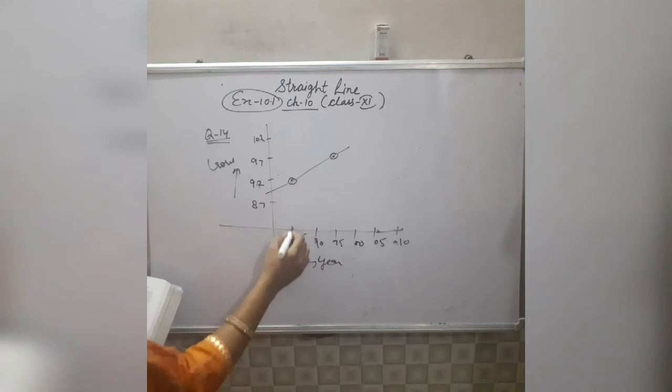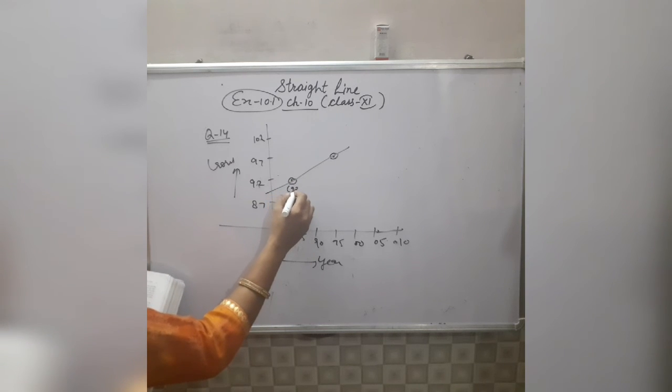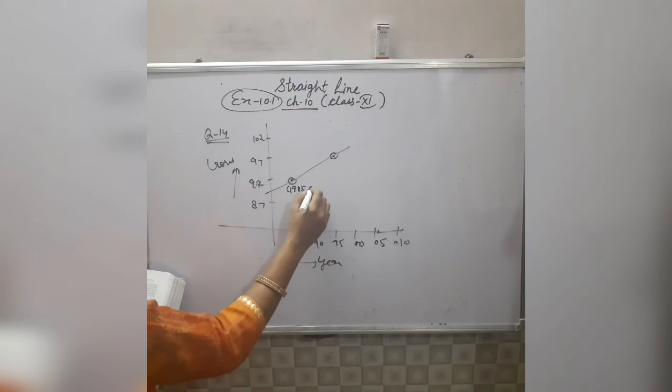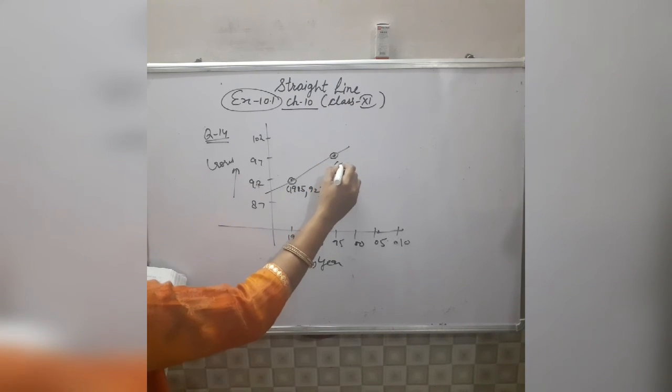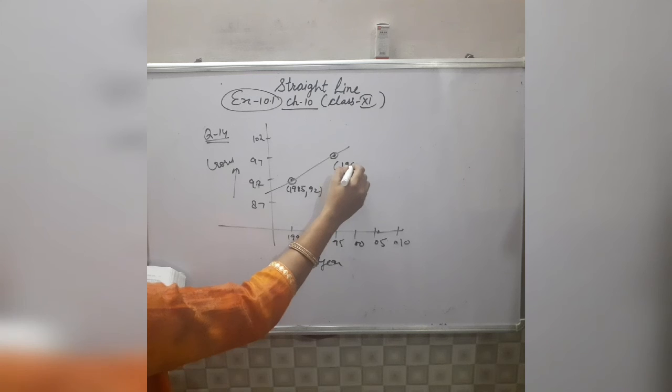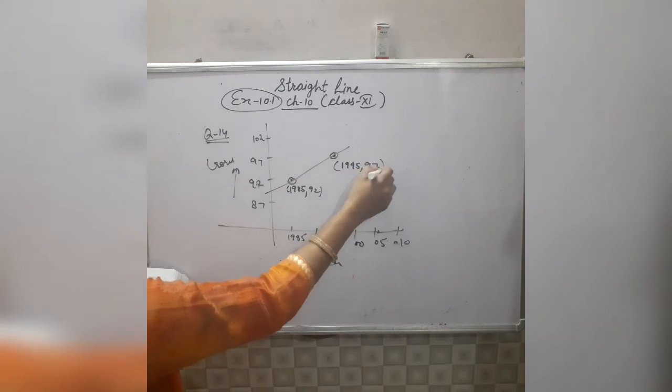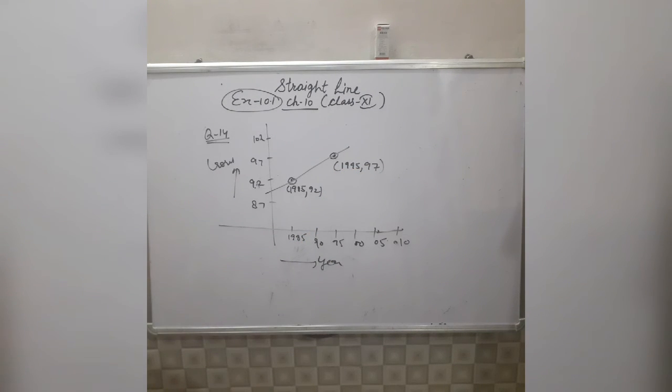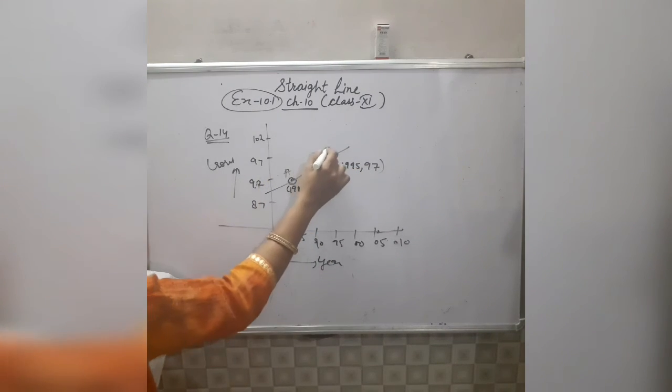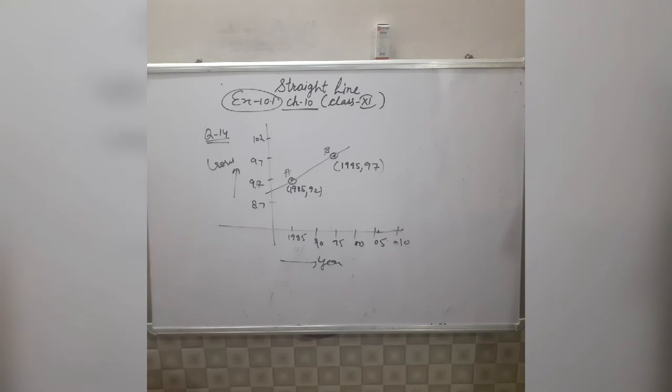This is the population in 1985, which is 92 crore. Value of x is 1985. At this point value of y is 92. Similarly at this point value of x is 1995 and population is 97 crore. So these are the two coordinates of points A and B already given in the statement.